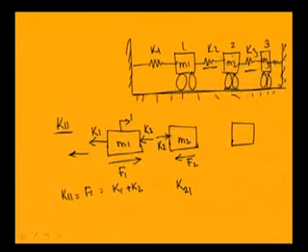So, that is K21, which equals F2. Since we are taking the direction towards the right as positive and we have to apply a force in the opposite direction, this is equal to minus K2.